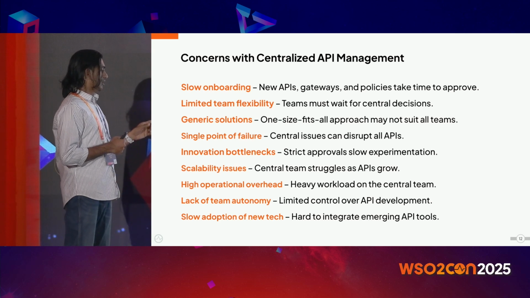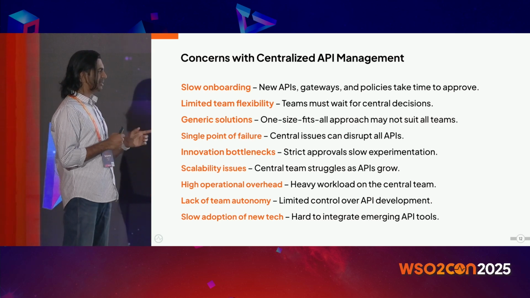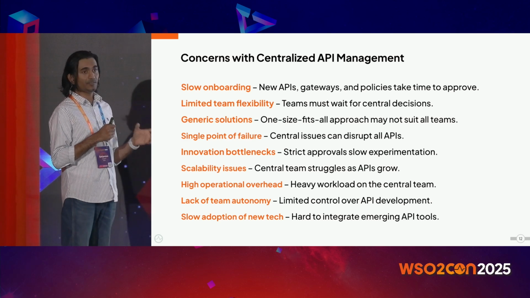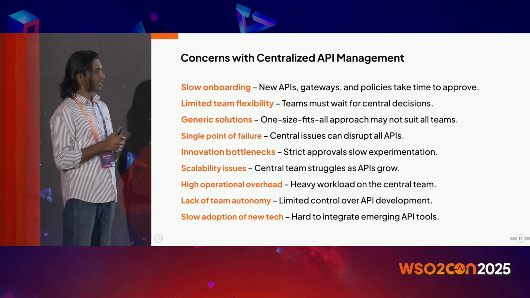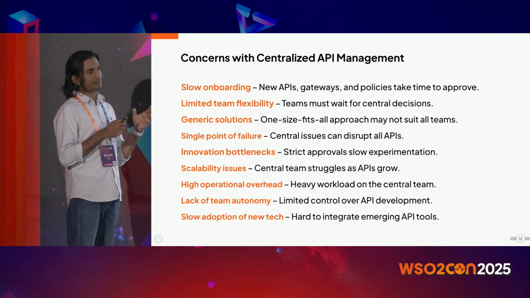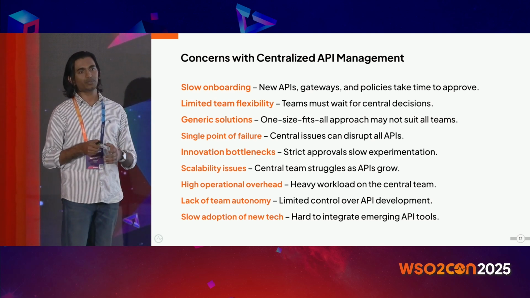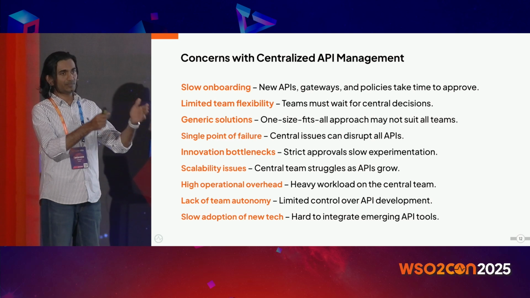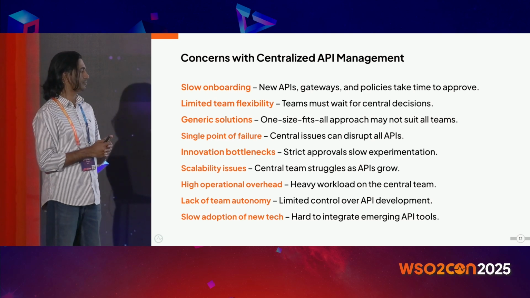And also, it will somewhat limit the control over the API deployment the development teams are doing, because no matter what, each business unit has to go through this approval process. So they may do half of the work, but some of the work needs to be done by the central team.